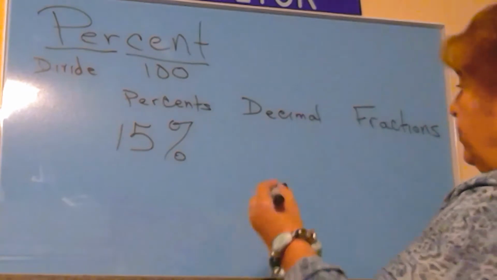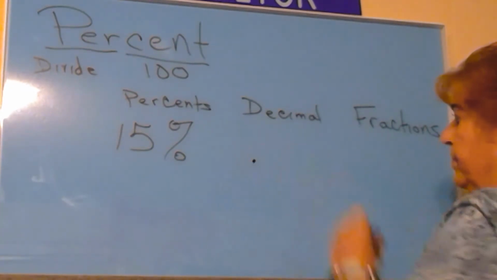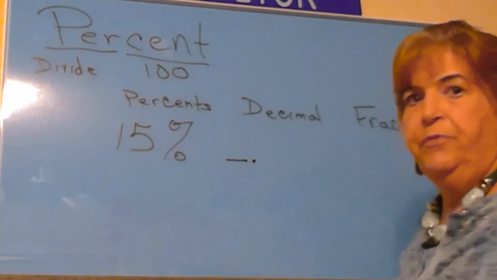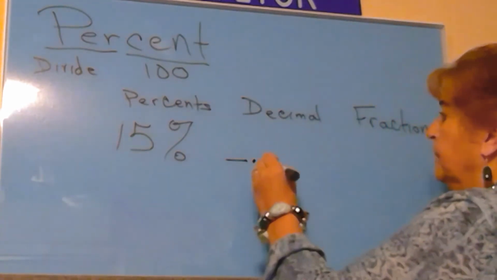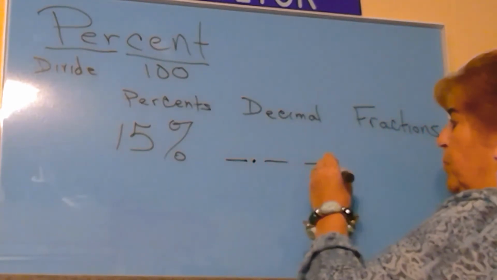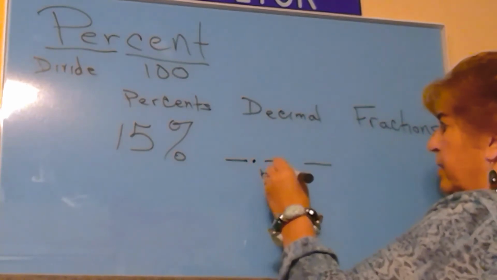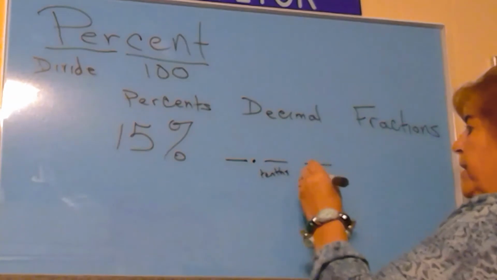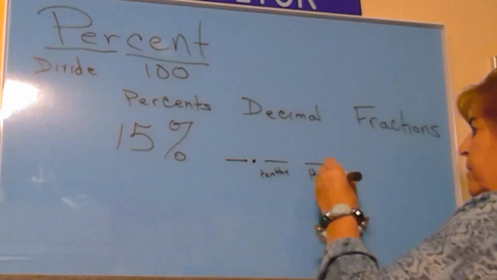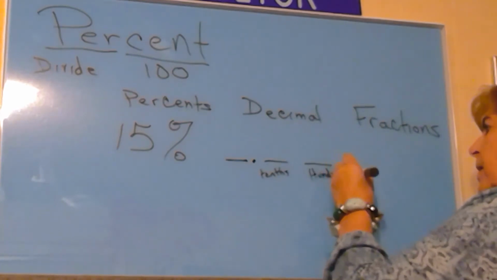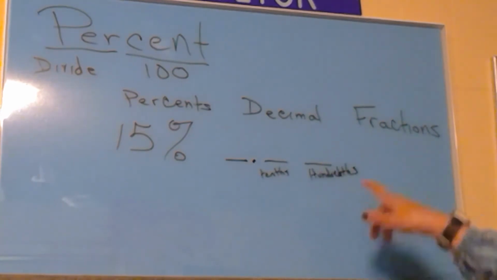Decimals, if you think of our decimal system, the whole number part is in front of the decimal, and behind the decimal point, we have tenths and hundredths. Make sure I spell it right, hundredths.